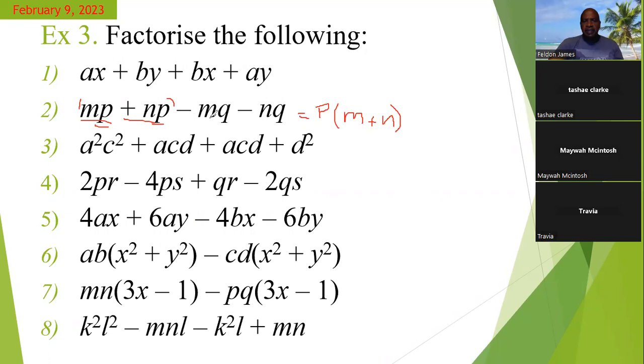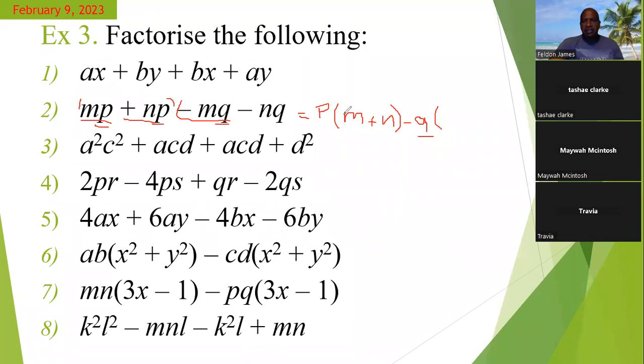So the next pair here is a negative. So we are going to choose our common factor to be q, but not just positive q, but negative q. And so by doing that, we now can divide all of this, which is negative mq, by a negative q, and then divide a negative by a negative.